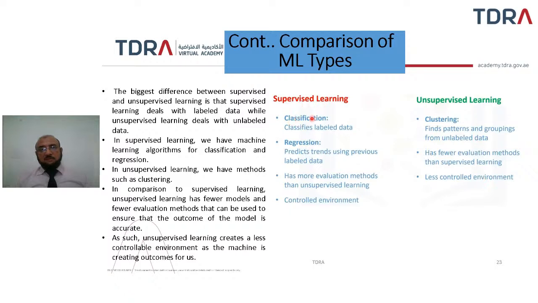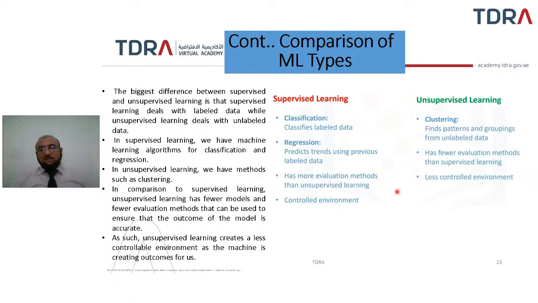In supervised learning, we use classification techniques that classify labeled data. And in unsupervised learning, we use clustering, which finds patterns and groupings from unlabeled data. We use regression in supervised learning, in which we predict trends using previous labeled data. Unsupervised learning has fewer evaluation methods, while supervised learning has more evaluation methods.